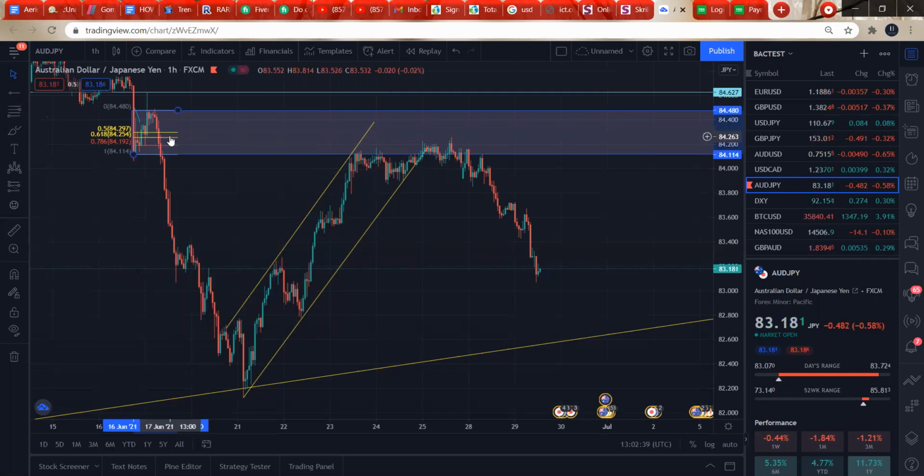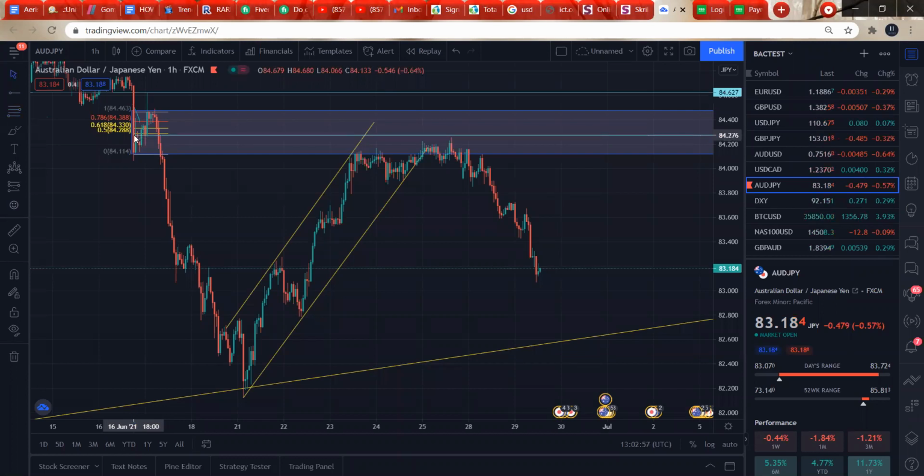That's most likely where we enter the trade. So on the order block, on the 50% of the order block, that's usually where you'll get these sniper entries.